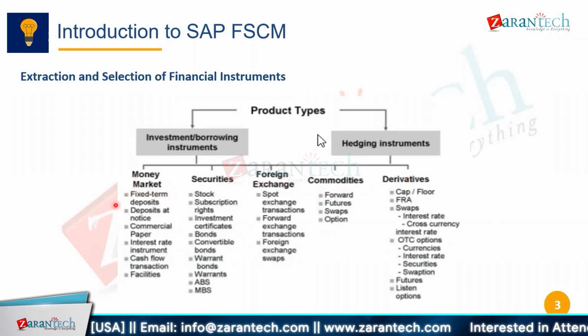In the money market: fixed deposit, deposit at notice, commercial paper, interest rate instrument, cash flow transactions, and facilities. So these are the different types of products covered under the money market.